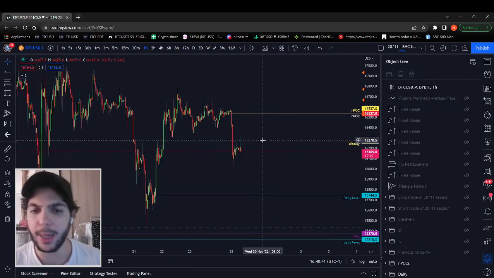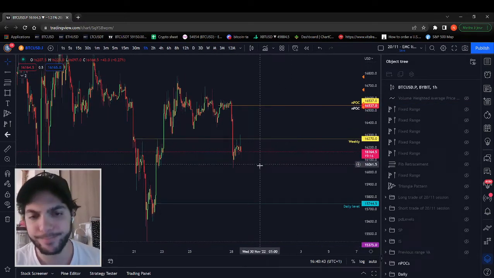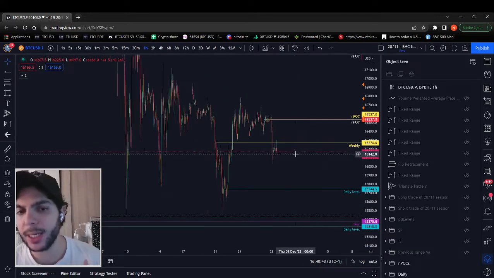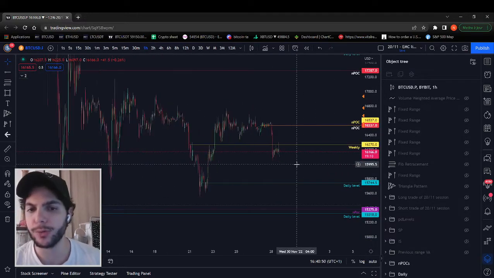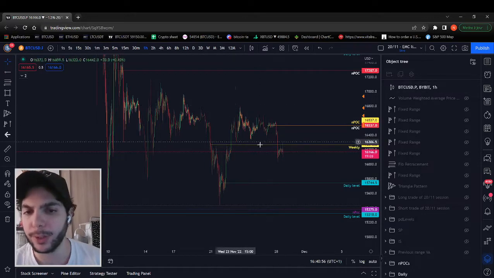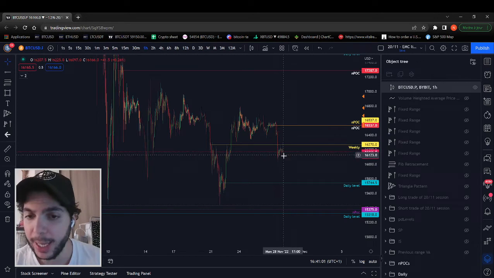Okay, now would I take a short from here? Not really. I personally wouldn't, or at least it wouldn't be a swing short for multiple reasons. First of all, we are here, right? We were trading above during this previous week, and now we're below it. And I would short here?